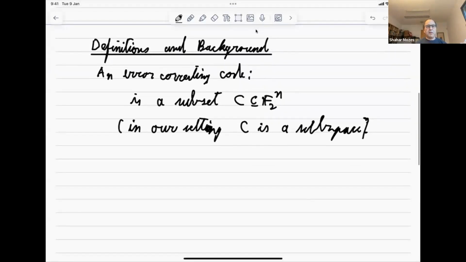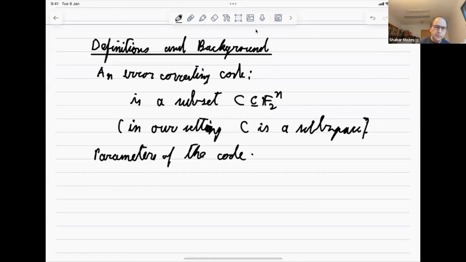And there are two parameters that you want from a code. One is the distance. You want code words to be far away from one another.